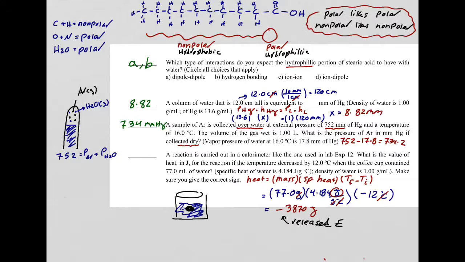And my surrounding, there is water in it. So what would happen to the temperature of water? The temperature of water would go up because I'm an exothermic reaction. I release energy to my surrounding. So my surrounding, which is water, is going to get that energy and is going to get hot.